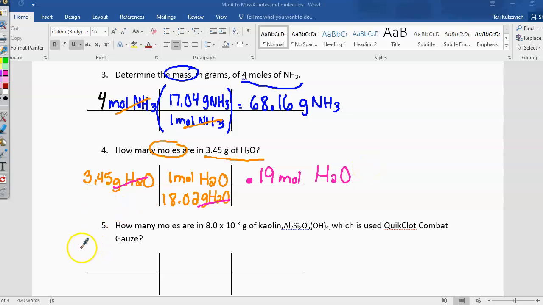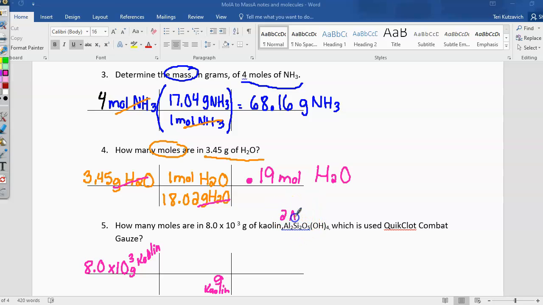This next one, don't let the scientific notation scare you. You have 8.0 times 10 to the third grams of kaolin. What has to go at the bottom of the parentheses? Grams of kaolin. Now, when you're figuring out this grams, it's a little bit difficult.